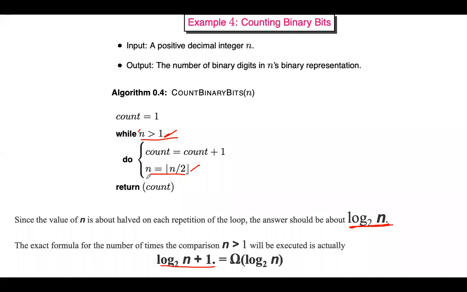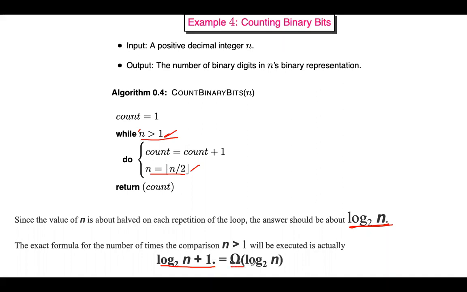Is it clear? The n value changes with each iteration, it becomes half, and that is represented using log n base 2. The n greater than 1 instruction is executed log n base 2 plus 1 times.